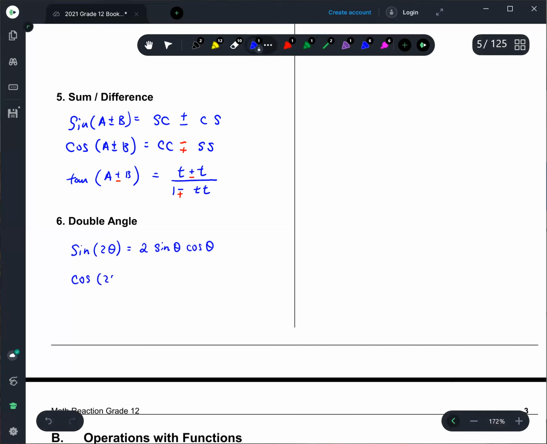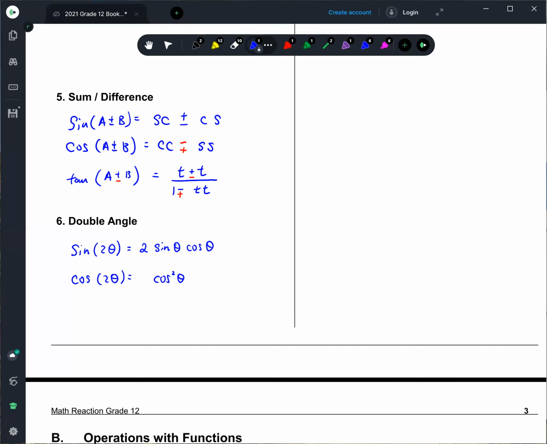Cosine double: Okay, Justin, we're on page 1. Coco means cosine squared, change sine, so sine squared.